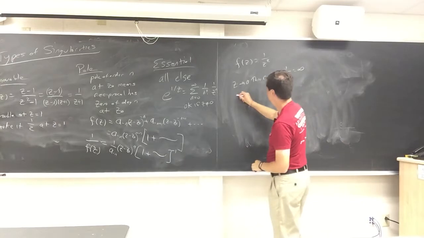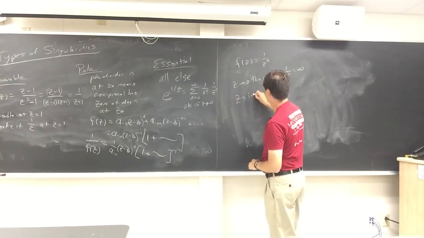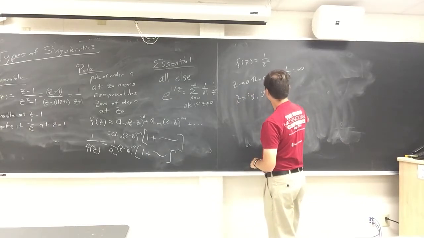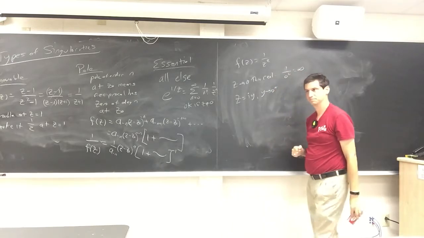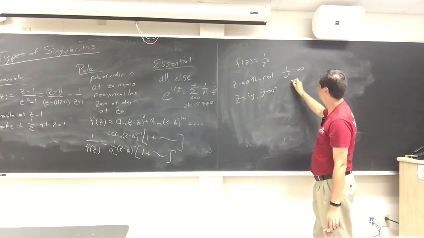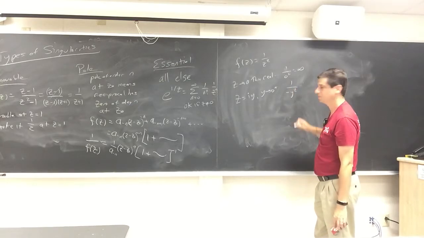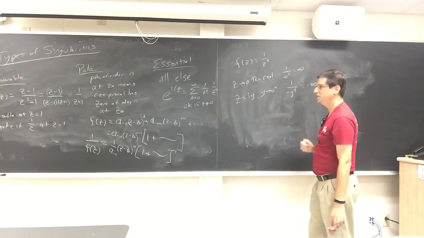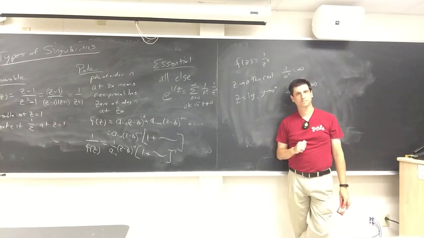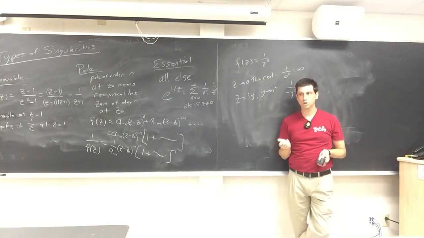If I write z is iy, y goes to 0 through the positive numbers, then I'll have 1 over negative y squared. That will go to negative infinity. So the magnitude is exploding, but it's not necessarily exploding in the same direction.